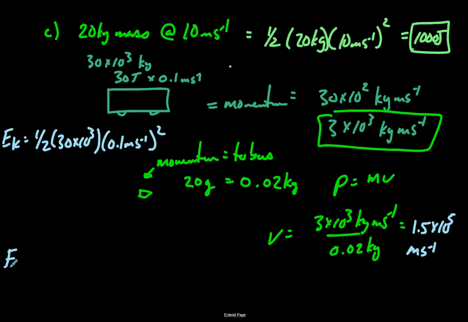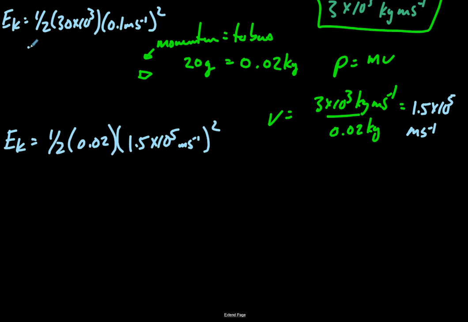And now find EK of the bullet: 1/2 times 0.02 times 1.5 times 10 to the 5 meters per second, squared. Okay, so calculate those values for me and see what you get. So my math gives me a difference between these two objects in terms of their energy: the bus is only going to have 150 joules, whereas the bullet will have 2.25 times 10 to the 8 joules worth of energy.